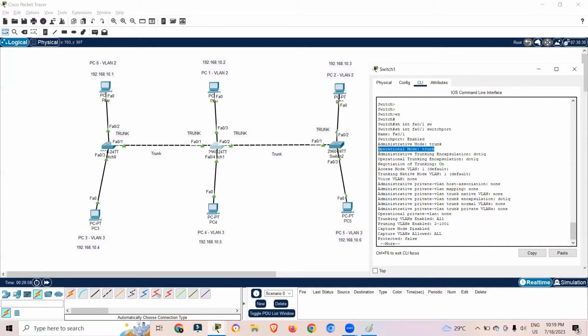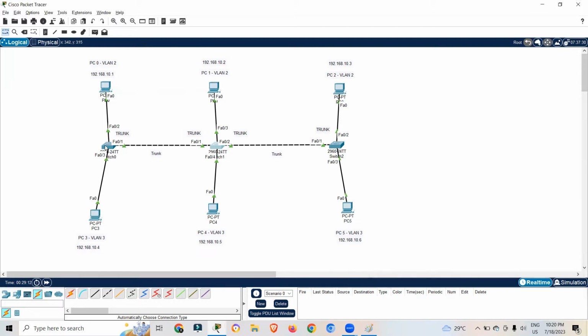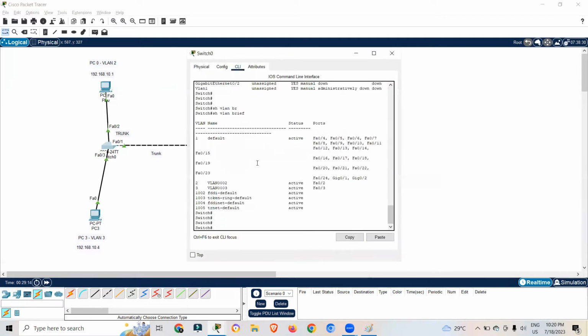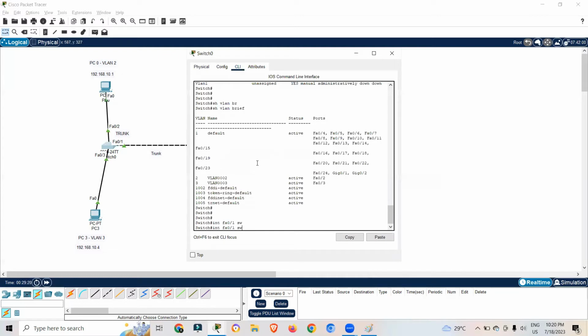When I put this command, show interface FA0/1 switchport, I will find that this is a trunk port. Let me check the status of this one also. Interface FA0/1 switchport.